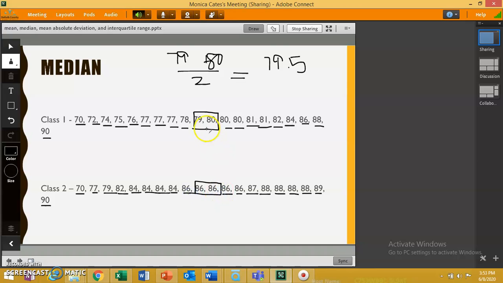I don't have to add them up because they are the same number, right? So 86 plus 86 divided by 2 will give me 86. So the median for class 2 is 86.